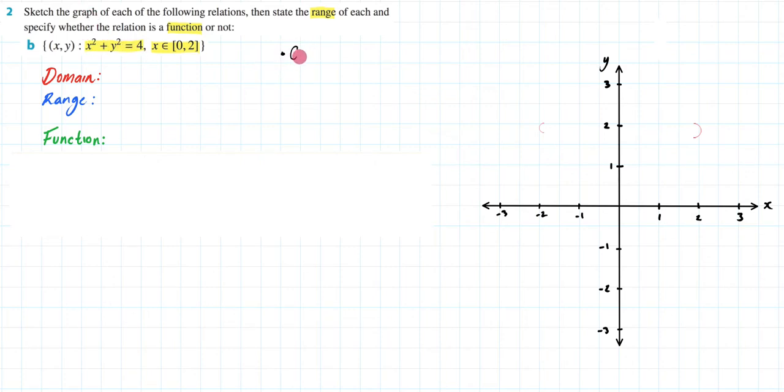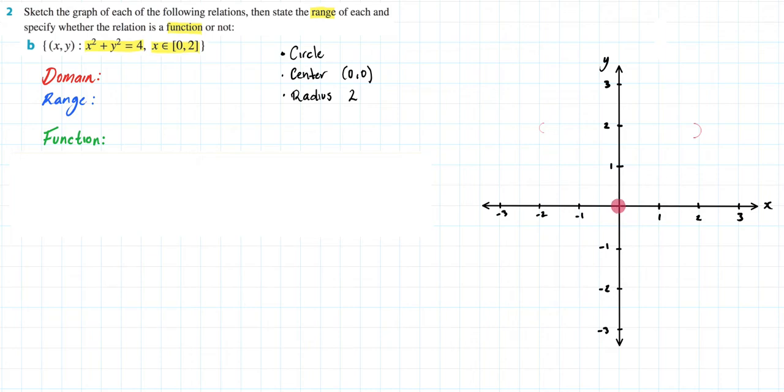And we should also be able to recognize some properties about this circle. First of which is that its center will be at 0, 0. And we should also be able to recognize that the radius is going to be 2. And with these pieces of information, we can now come to our graph and give it a sketch.